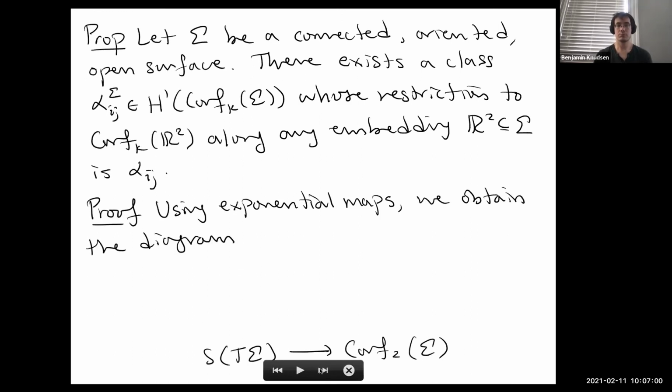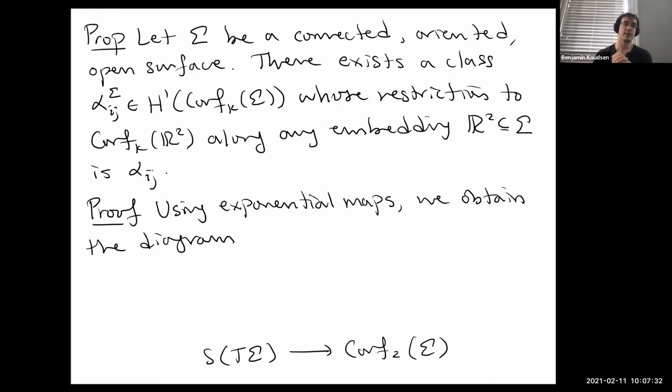So how does this go? I can choose a metric on my surface, and really the statement about every embedding of R2 is not all that special. The space of orientation preserving embeddings of R2 is connected, so it really suffices to consider a single one of them. And if I have an orientation reversing embedding, then I can just compose with an orientation reversing embedding of R2 into itself.